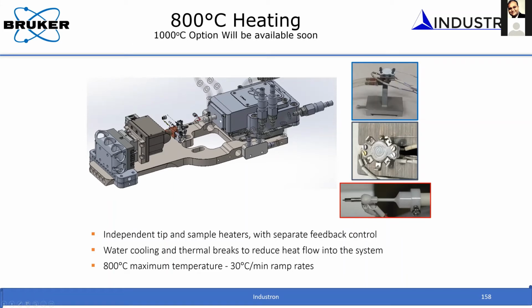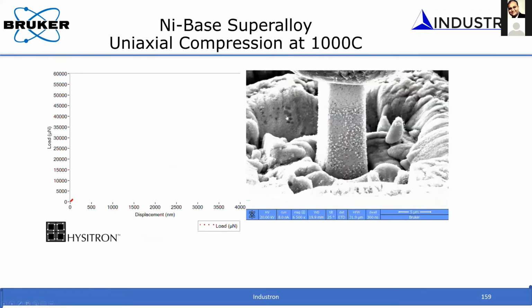But right now we can do up to 800 degrees C inside the SEM, and the stabilization time is very short. We can do it within 30 minutes, and you can have about 30 degrees per minute ramp rates. Okay, so in this particular case, this is a nickel-based superalloy.